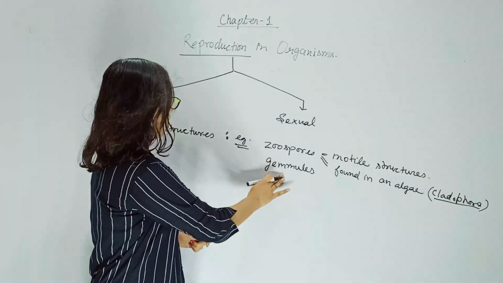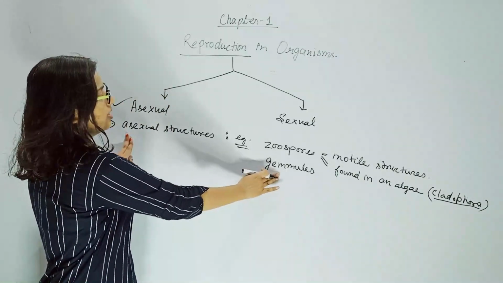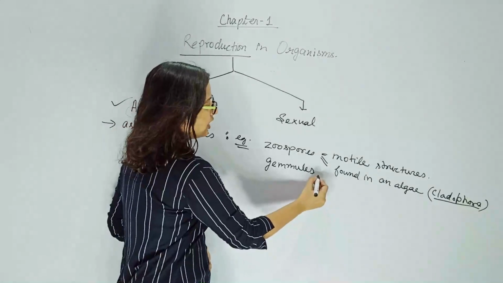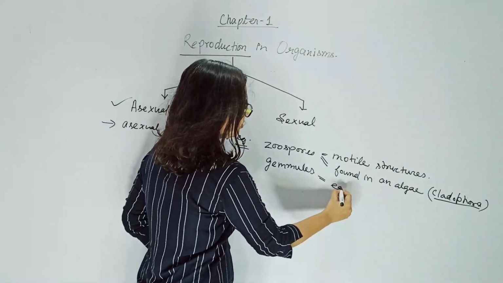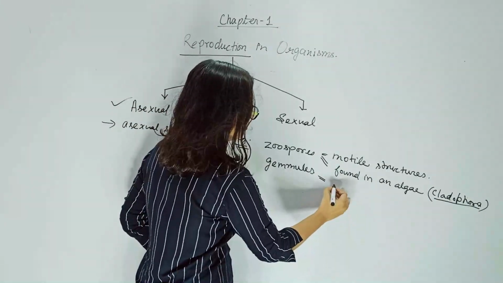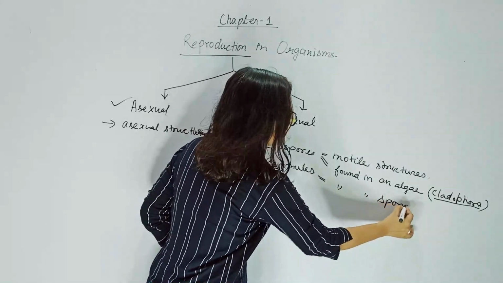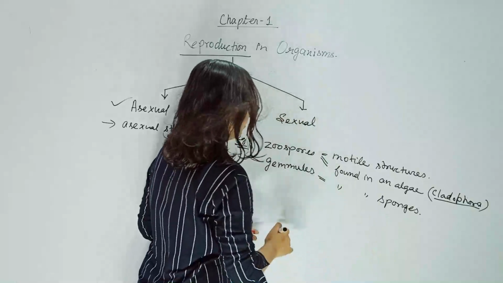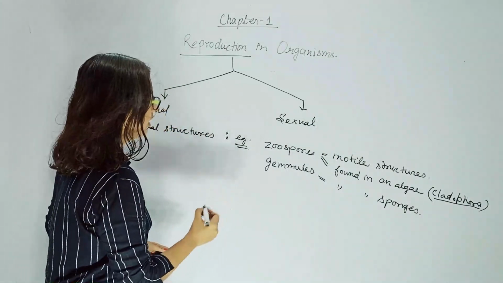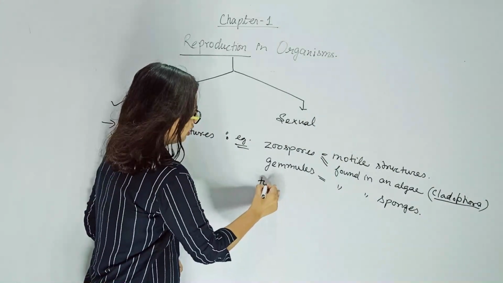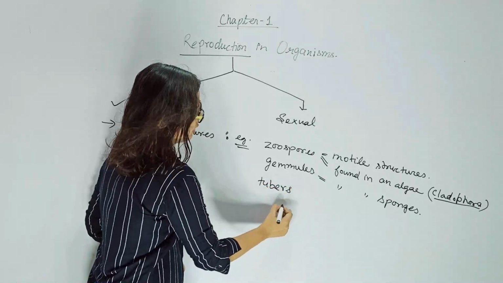The next example of asexual structures is gemmules. Gemmules are found in sponges. Other asexual reproductive structures can be tubers.